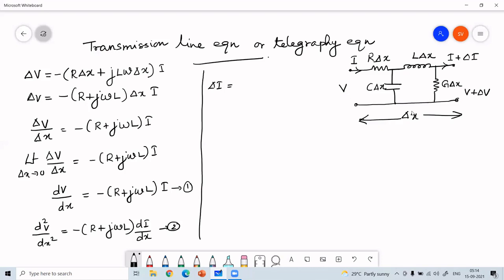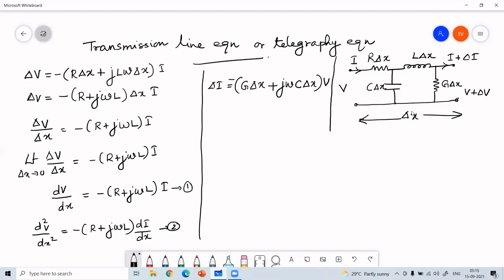We can write the current, by Ohm's law, as voltage by resistance. That is 1 by resistance, which can be written as conductance. So the first one I am considering is G into delta x plus J omega C into delta x into V.